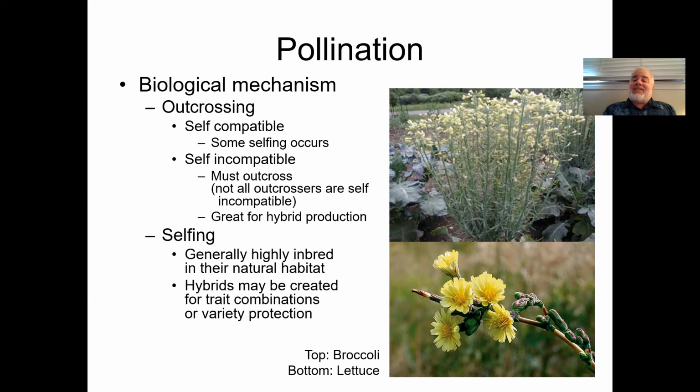Then there are plants that are self-incompatible. So if you have a self-incompatible broccoli variety, for example, some broccoli is self-incompatible and some is not. And so if you have a self-incompatible broccoli, even though the pollen is perfectly viable, if it falls on its own plant or one that's too genetically similar, that pollen can't fertilize the egg.